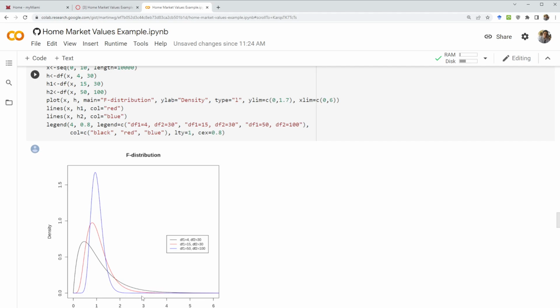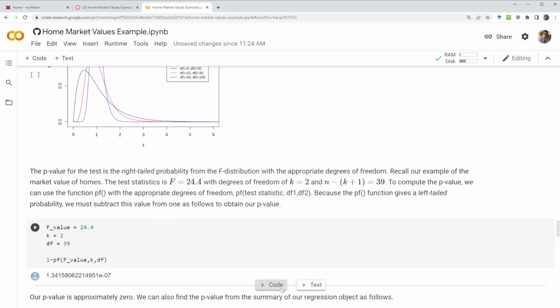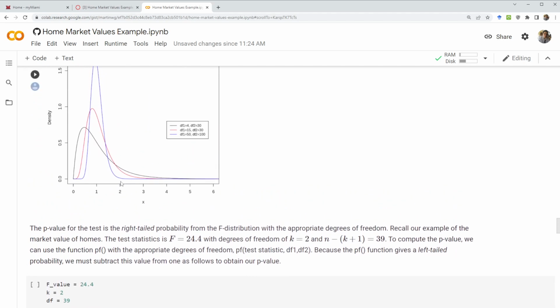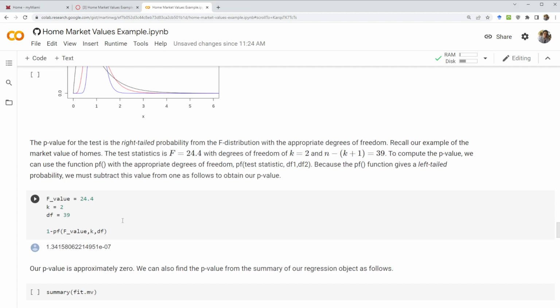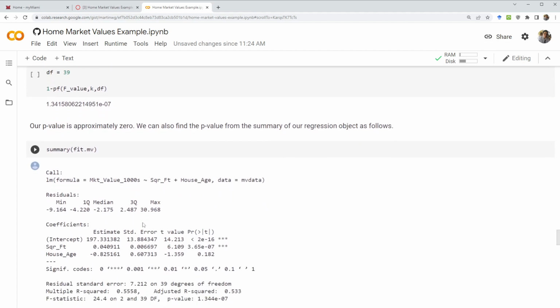We're trying to see, if you get a 24, what's the probability that you get a 24 or more? You can see that the values for most of the distribution are close to 0, but a 24 is very far away from the null hypothesis, meaning that none of the predictors are good. So we find that at least one is good. That's where it comes from.